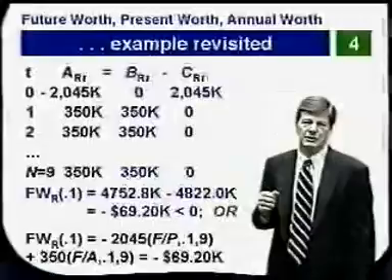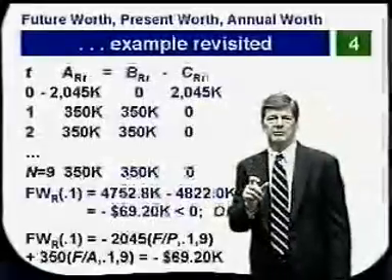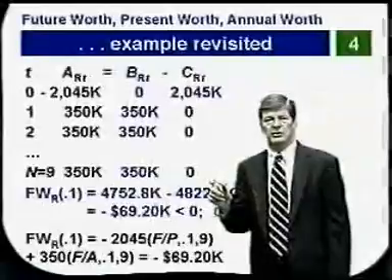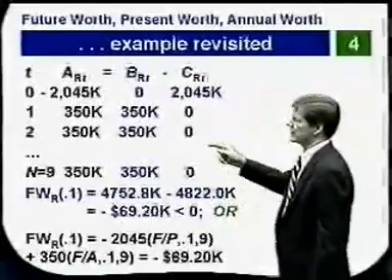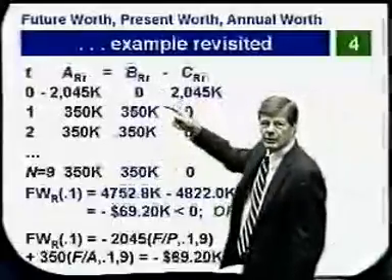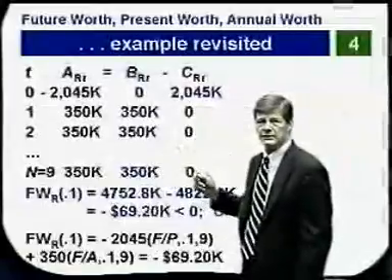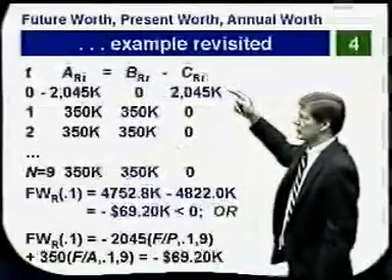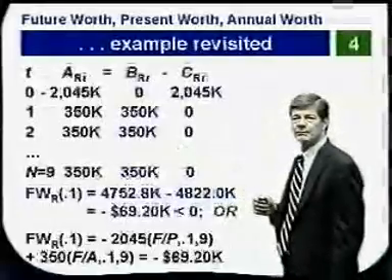To solve this problem using future worth, I can do it one of two ways. I can either use the definition of future worth, that is, it is the difference between the prospective benefit and the prospective cost. If I do that, what I need to do is to calculate an equivalent future amount of this cash flow stream as of time 9, and an equivalent future amount of the cost series as of time 9.